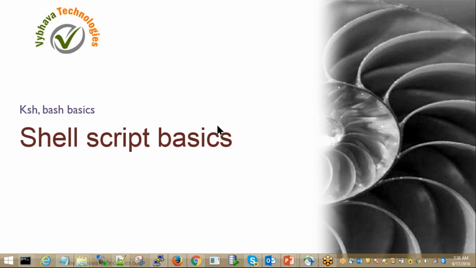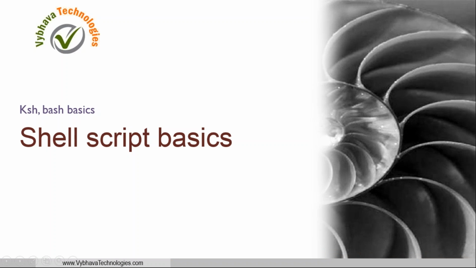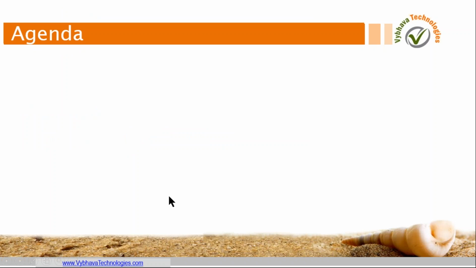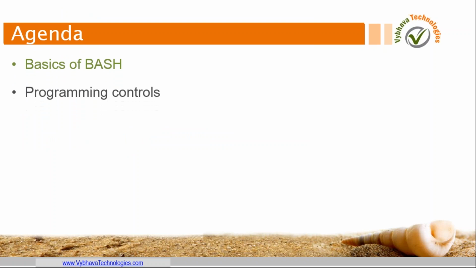So the basic thing here: KSH is normally used in Unix operating systems. Bash is used in most Linux operating systems as the default shell. So we try to understand what the differences are and what the basic things are.